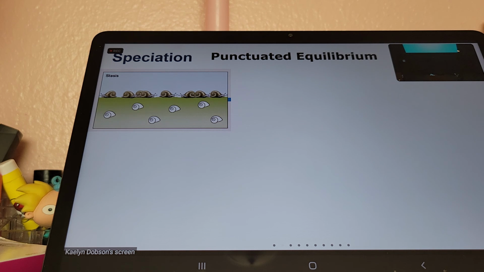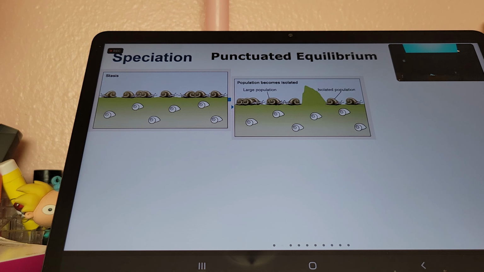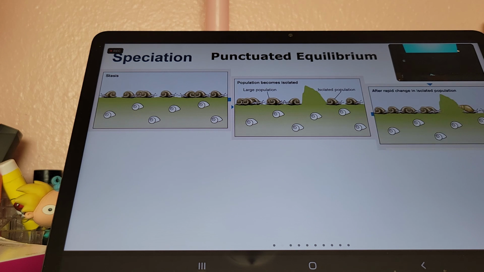And they are in stasis. Things are good. Then you have a large population and a fringe population. And the fringe has become physically isolated from the core part of the population. But they're still the same. They're all making the same sorts of fossils for the fossil record.